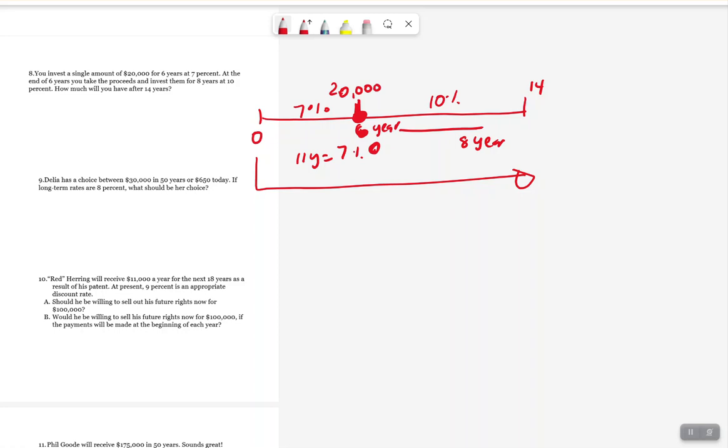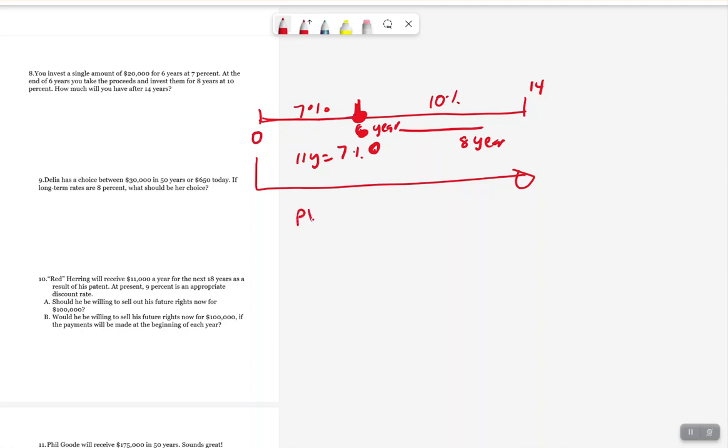At the end of 6 years, you take those proceeds and invest them for 8 more years. So you invested a single payment of 20,000 for 6 years.